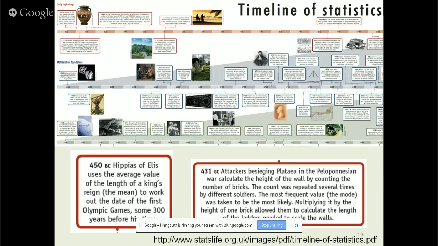Evidence of people using statistics goes back to at least 450 BC, doing things like calculating averages, as people intuitively understood that by measuring something multiple times and averaging it, you would get a more reliable measurement of something than by just observing it once. So statistics is old and it's useful. It's been developed for a long time.